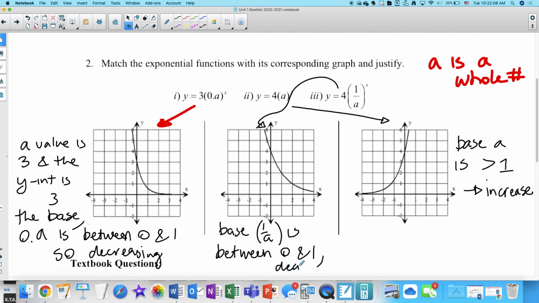Okay, so this is actually kind of similar to the question on that polynomial functions quiz, where you're making a clear connection between an equation and a graph and justifying it. Okay, any questions with that? Awesome.